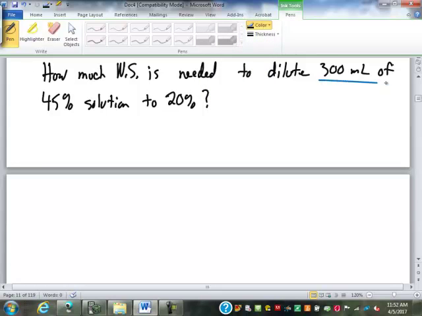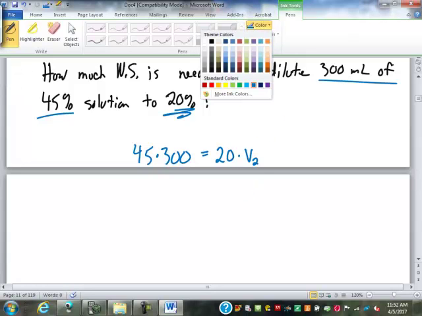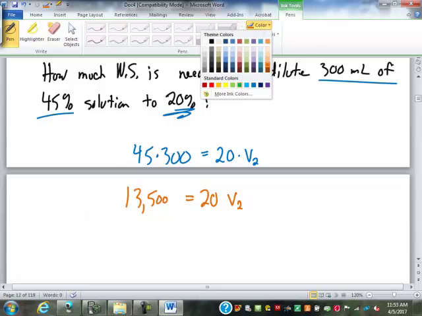So again, we have 300 milliliters of 45% solution. That's where we're starting out here. So 45 times 300. We want our new concentration to be 20%. We are looking for V2, that final volume. So 45 times 300 is 13,500. Equals 20 times V2. And we'll divide by the 20.